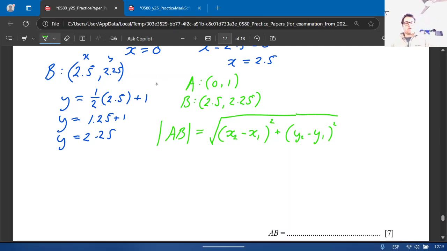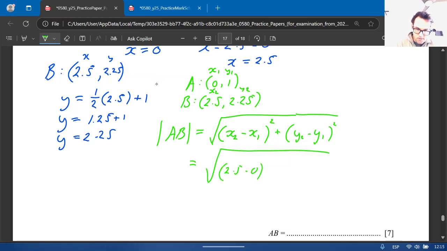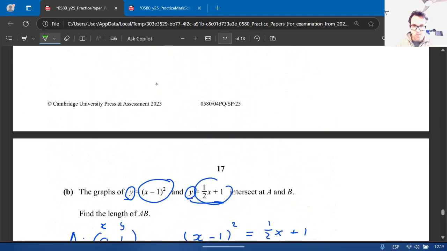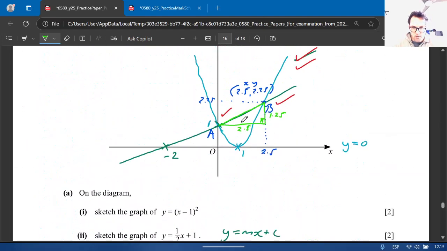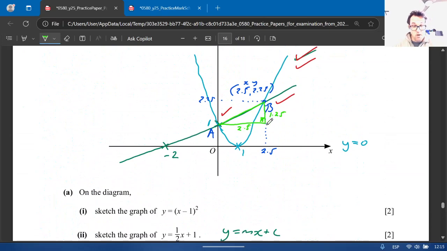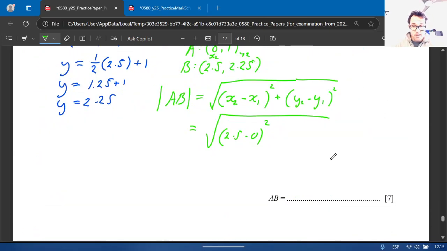Okay. Maybe that's it, x2, okay. It's just like if we call this x1 and that's x2, and we call this y1 and that's y2, then you'll do 2.5 minus 0 equals 2.5. So that's exactly what we just saw here. That is 2.5. We saw it by applying logic, but if you put in the formula, it gives you that distance. And then y2 is 2.25 minus 1.